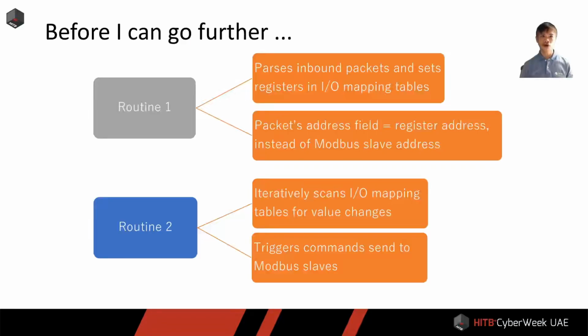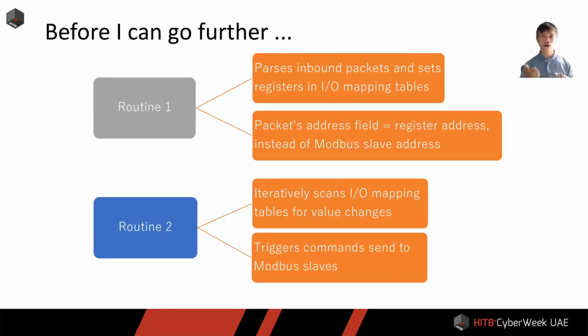Before I go further, allow me to explain a little bit how data-station-type protocol gateways work. There used to be several routines working at the same time, but we can make it simpler by thinking there are two routines. The first routine is a parser.